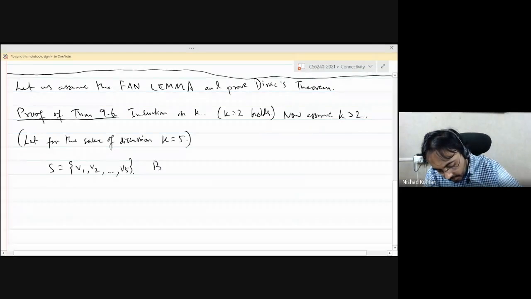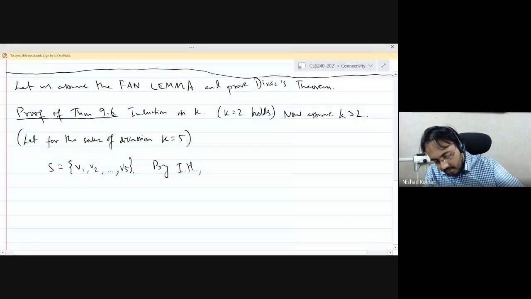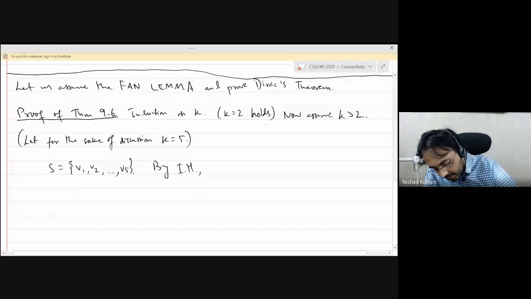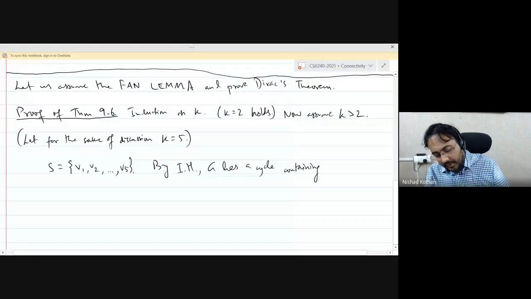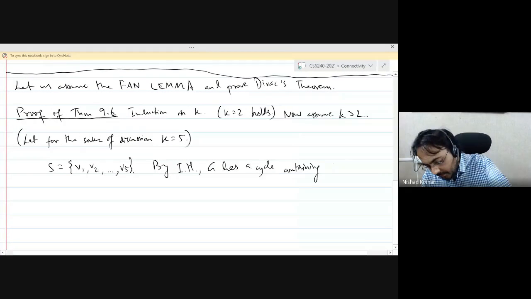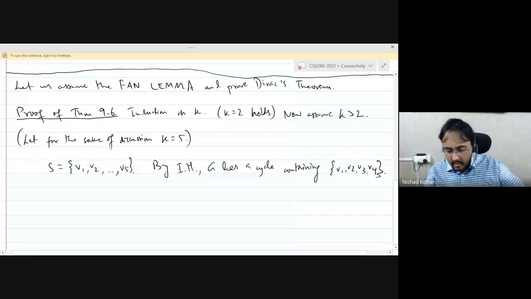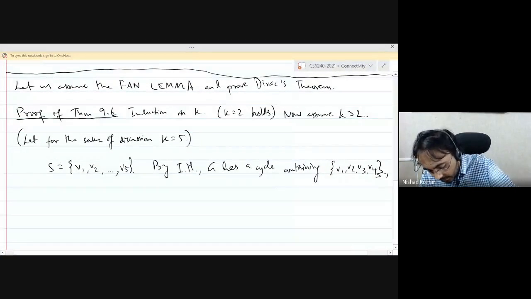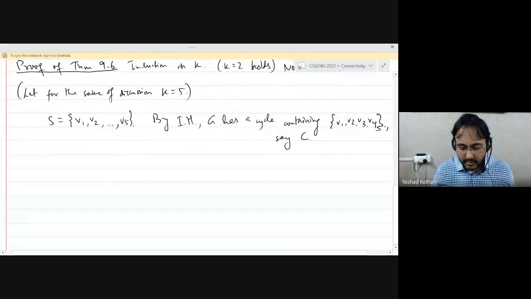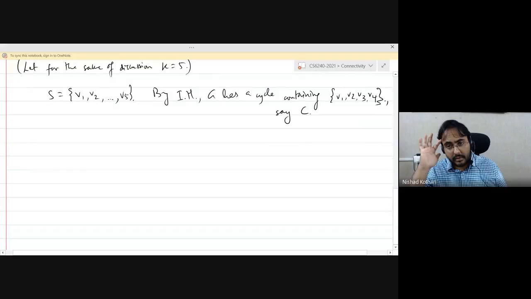So by induction hypothesis, G has a cycle containing, I can pick any of these 4 vertices, so I'll pick V1 to V4, say C. Okay, so C is my cycle containing these 4 vertices.